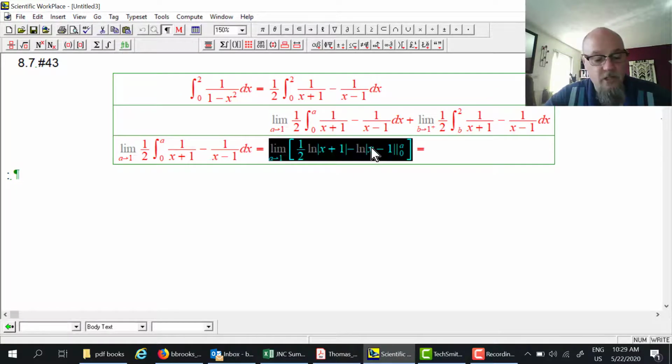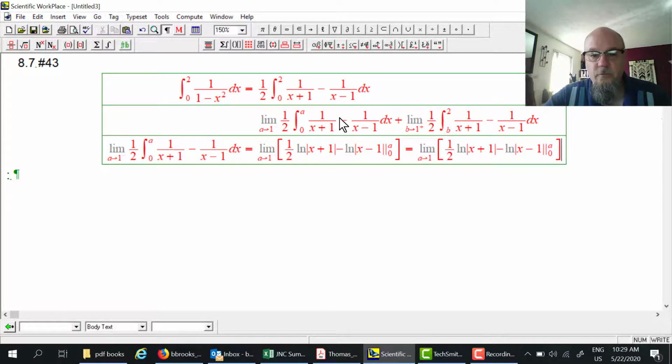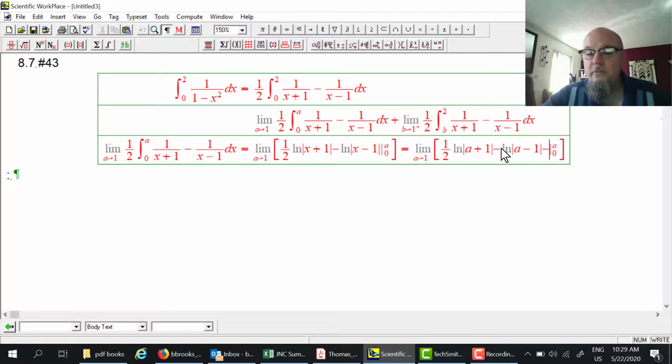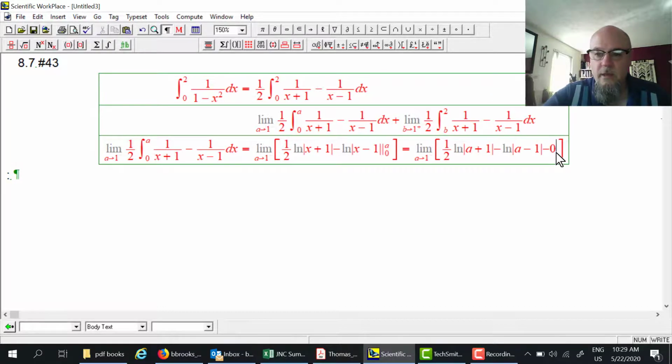We're gonna finish our integral piece. And I'm just working on this first integral here. When I sub in the a, minus, when I sub in the 0, ln of 1 is 0, ln of my absolute value of minus 1, that's 0. So when I sub the 0 in, I get 0 in both cases.